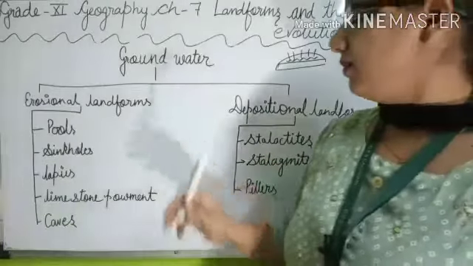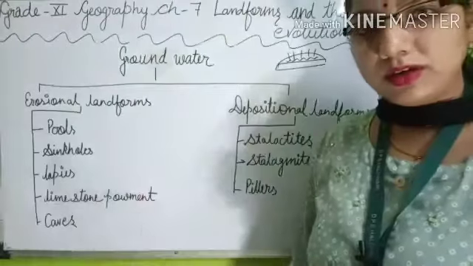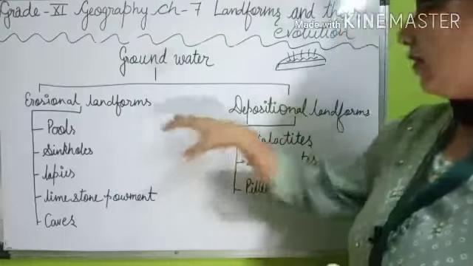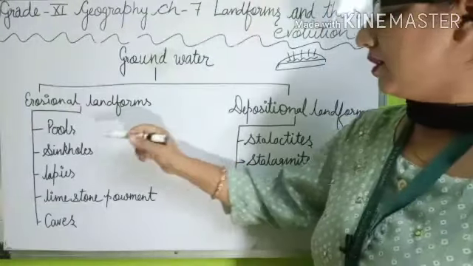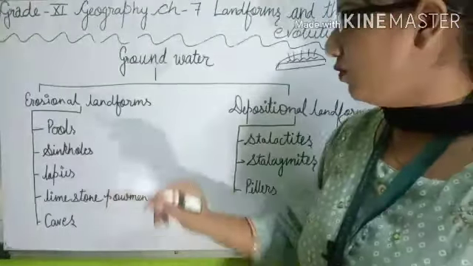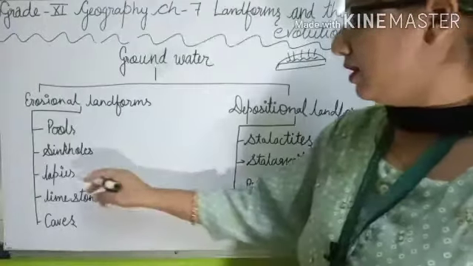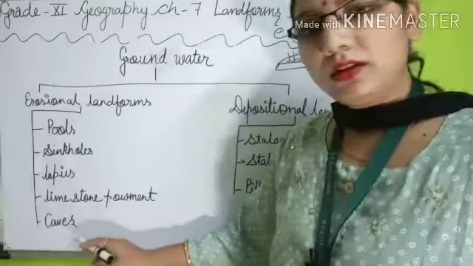The erosional landforms form when the groundwater percolates inside the rocks and cuts them. It forms these five types of erosional landforms: pools, sinkholes, lapis, limestone pavement, and caves.